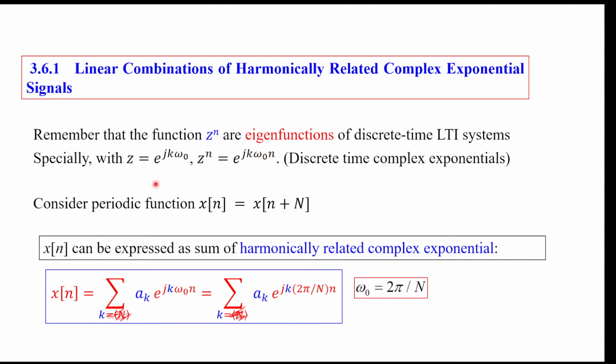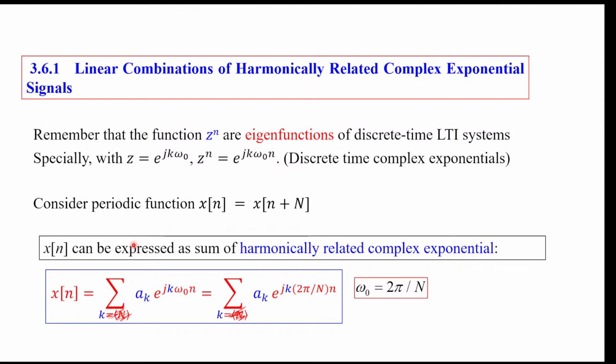So if z is this purely phase thing, so z is e^{jkω_0}, then we'll have z^n equal to e^{jkω_0 n}. And so we focus on those eigenfunctions that can be expressed as a complex exponential with a purely imaginary exponent.